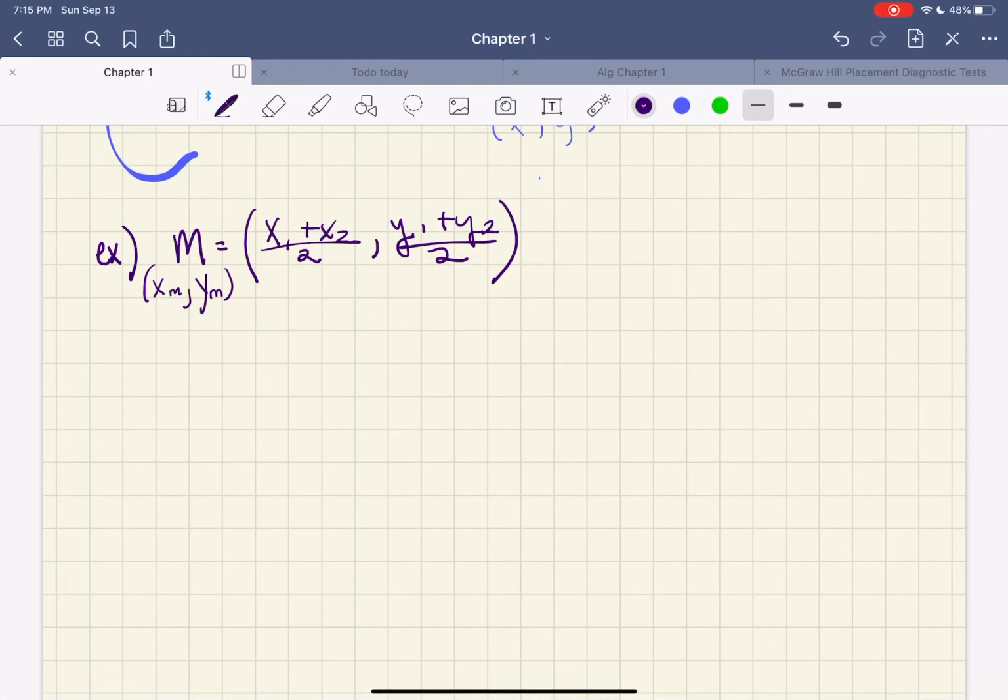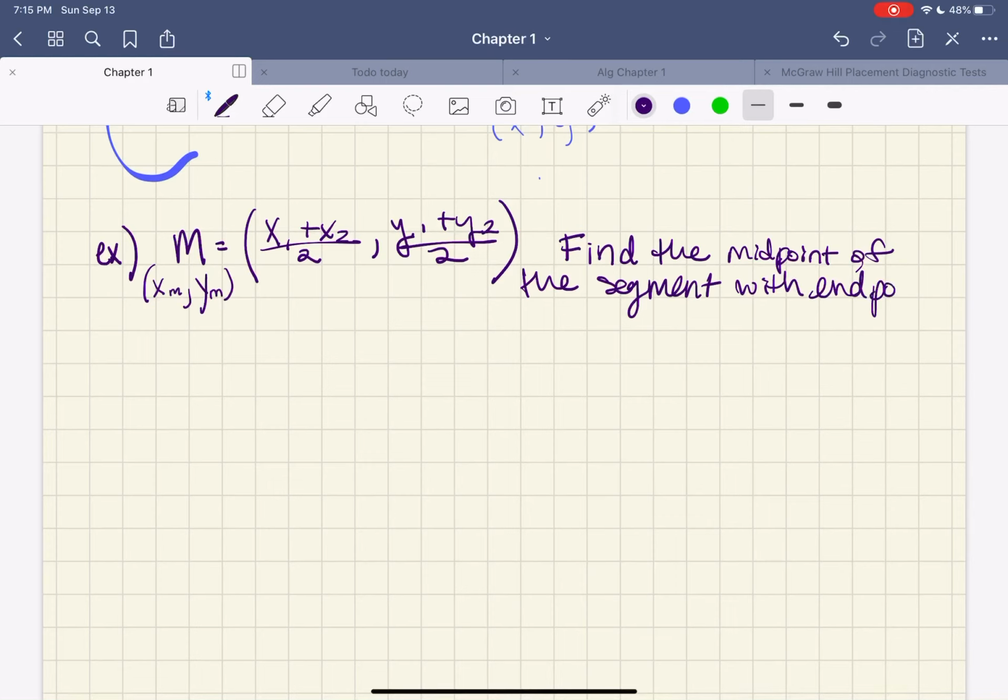Let's find the midpoint of the segment with endpoints S and T. Okay.